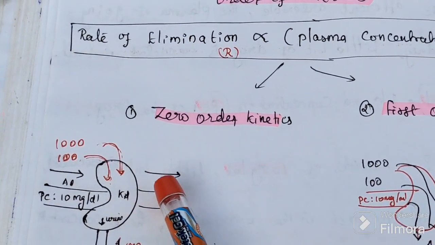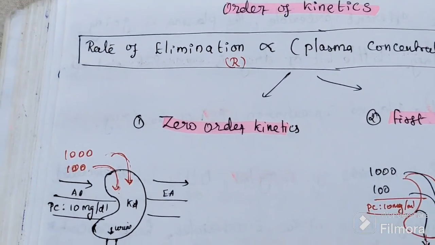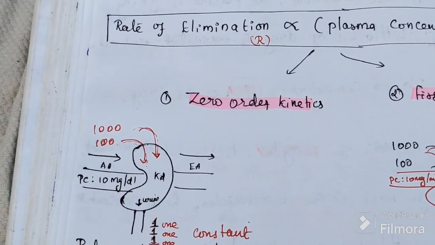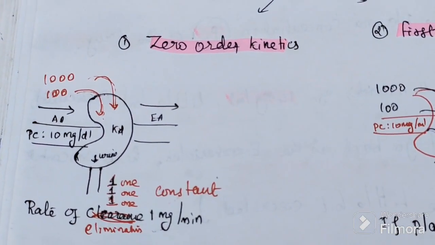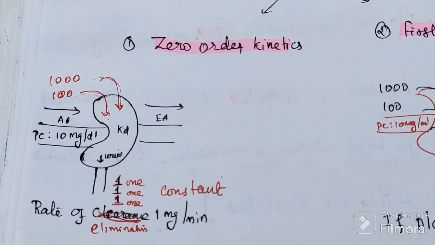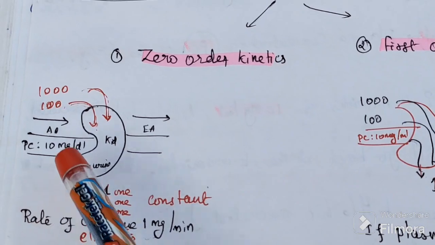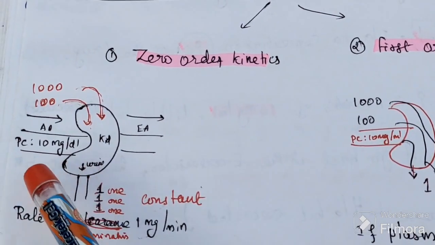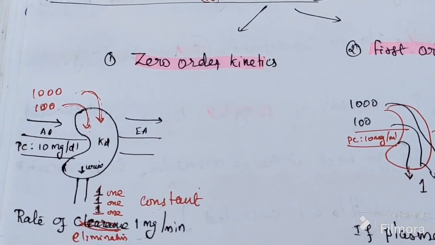See this arrow, it comes inside and goes outside of the kidney. For example, plasma concentration is 10 mg per ml. In 1 ml of plasma, 10 mg of the drug is present.